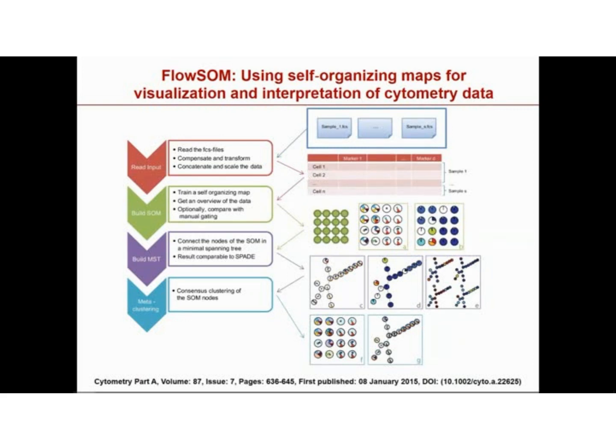One of them is FlowSOM. FlowSOM basically uses the idea of self-organizing maps for the clustering as well as visualization of cytometry data. In this case, the FCS files are read, compensated, and then scaled, and then they generate a matrix where each cell is associated with the parameters, which is basically the 33 marker parameters.